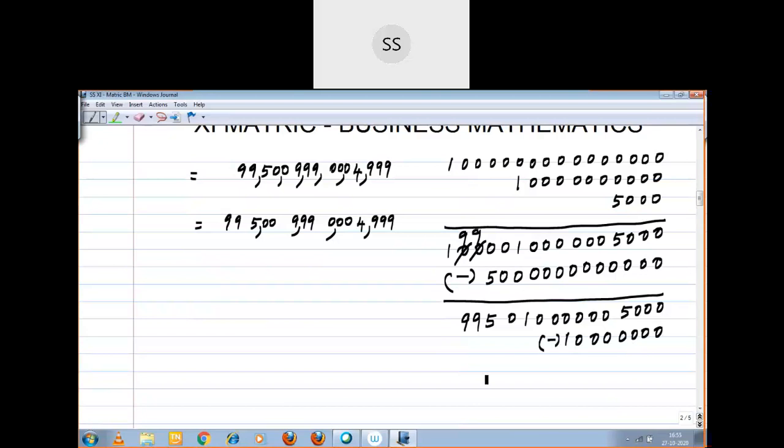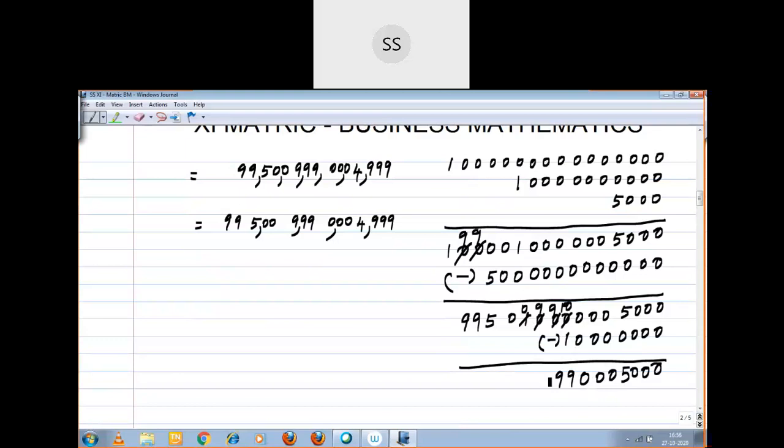Next, the 10, 7 zeros are there, no? Minus 10. That is 10, 7 zeros. Then you put what? 1. Got it? Now we are going to subtract.